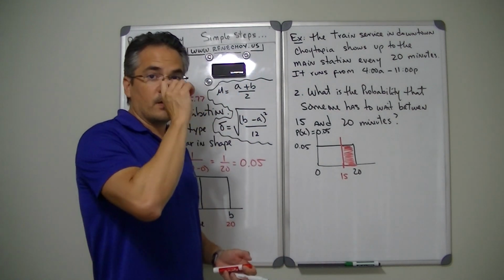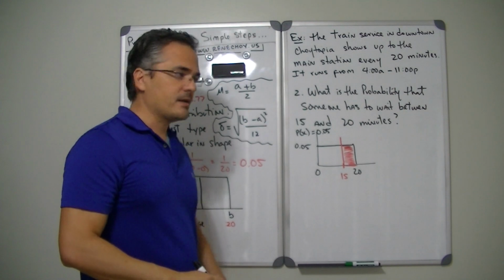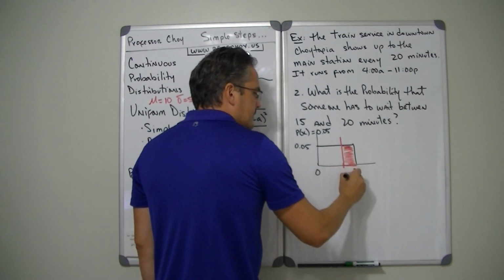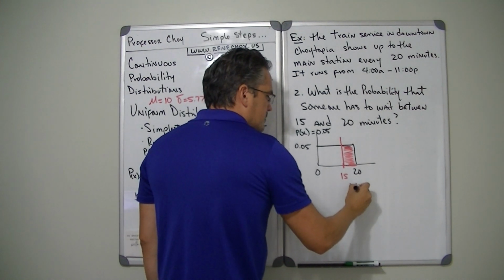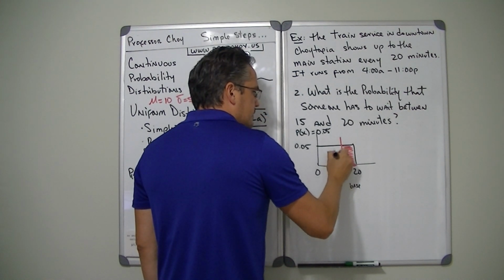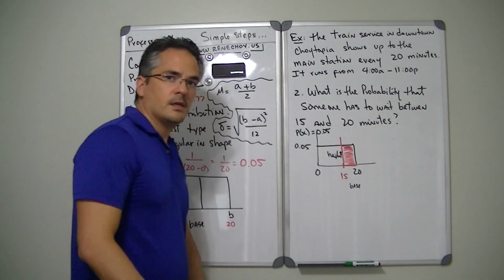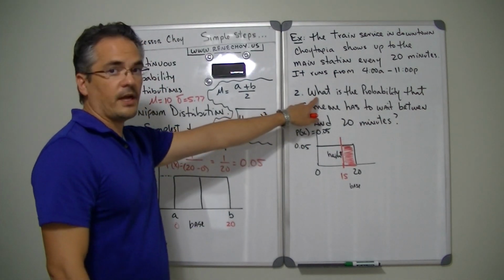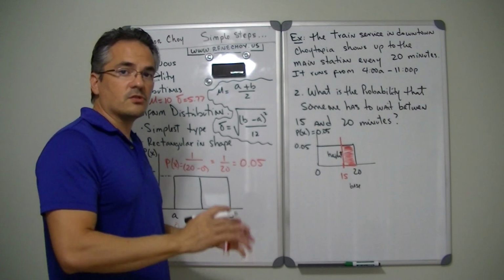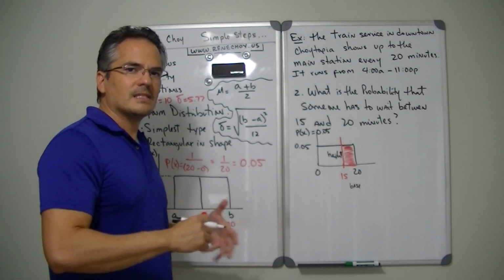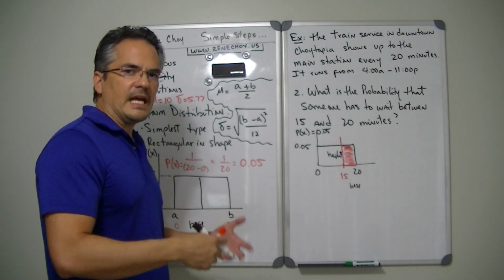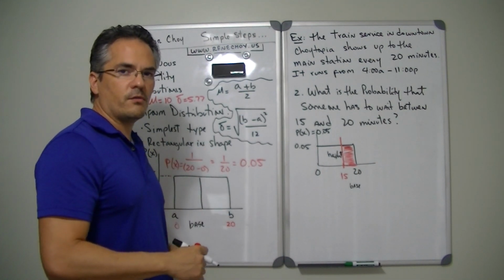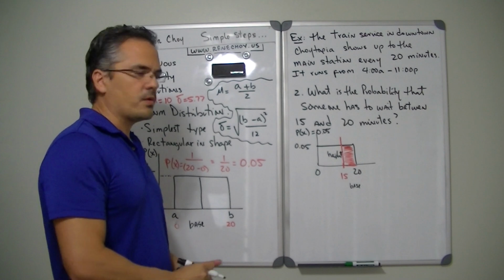so what is the probability, what is the area between 15 and 20 minutes. Okay? So in order to calculate the area of a rectangle, the way to do it is basically to do base times height. Because in a continuous probability distribution, when they're asking you for a probability, what they're really asking you for is the area under the curve, or in this case, the area under the rectangle for that particular portion.